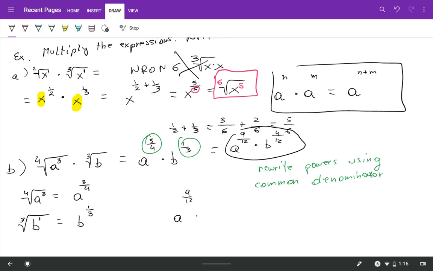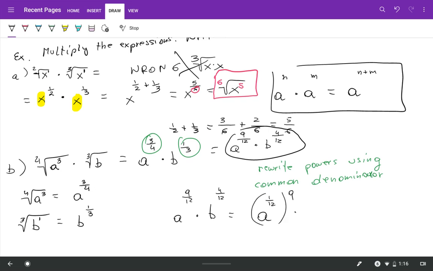Okay, let me just rewrite that and simplify it. So again, a to the 9 over 12 times b to the power of 4 over 12.